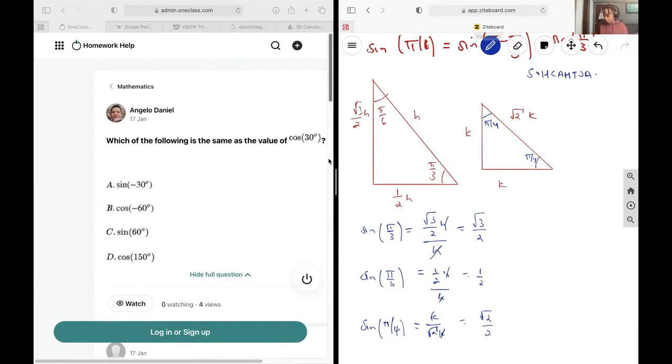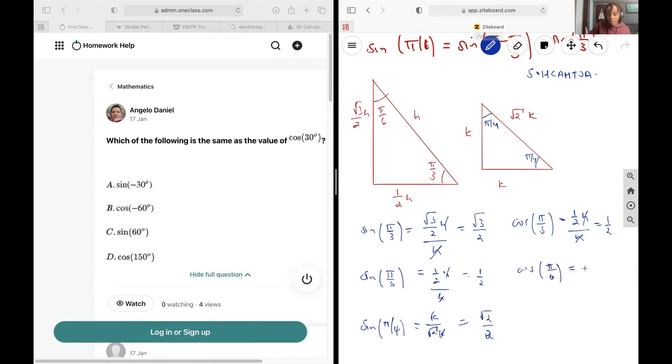So let's continue. So we found that sine pi over 4 is equal to root 2 over 2. Let's do our cos angles. So cos pi over 3 is adjacent over hypotenuse, and so 1 is equal to 1 over 2h over h, so 1 over 2.